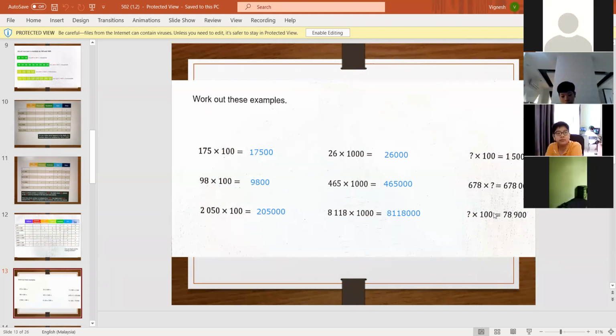Wei Feng, what is the missing number there? Faster, I say, don't waste the time. Next is Jose and the next is Chia Yangi. What is the missing number, Wei Feng? Number 7.